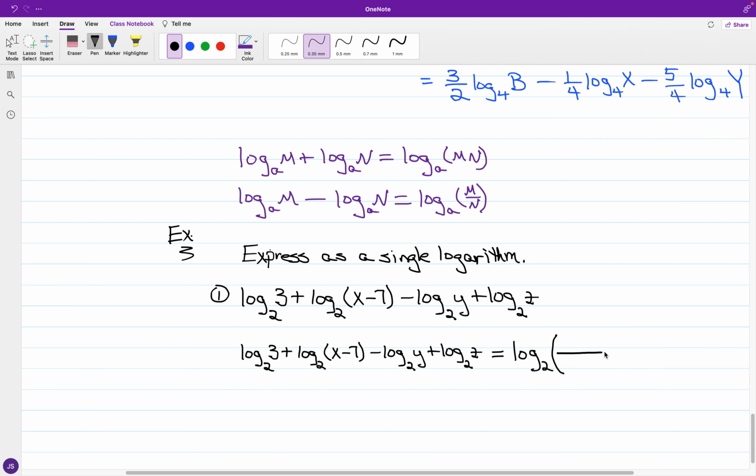And so just looking at what's going to go on the top and what will go on the bottom. First of all, we have the number 3. So 3 stems from a positive base 2 logarithmic term, and so the 3 goes on the top. And for x minus 7, this is attached to a positive base 2 logarithmic term, which again is being added. So x minus 7, just like 3, goes on the top.